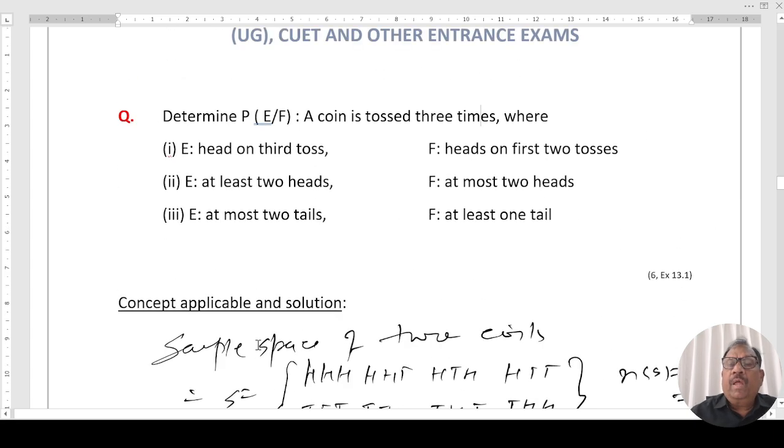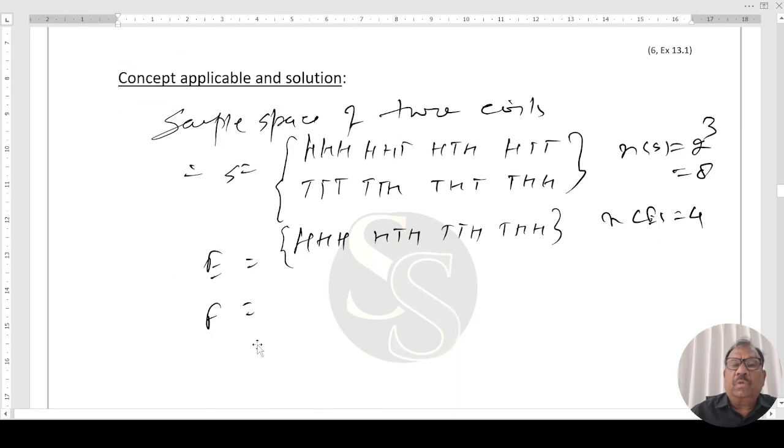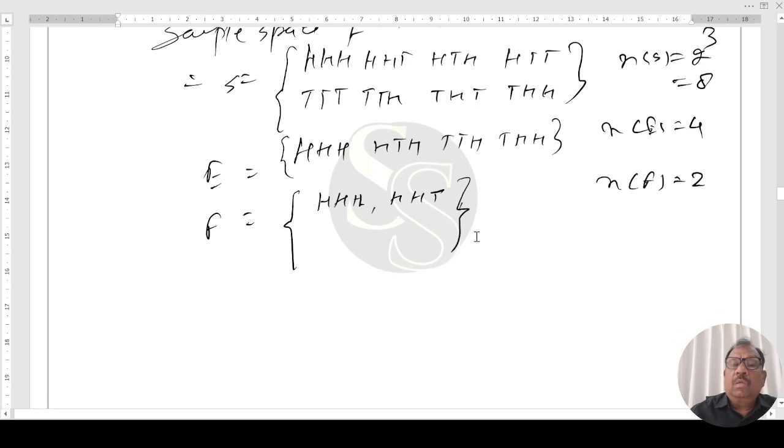F is heads on first 2 tosses, with anything on the third: HHH, HHT. n(F) is 2. Now the intersection of E and F is HHH.